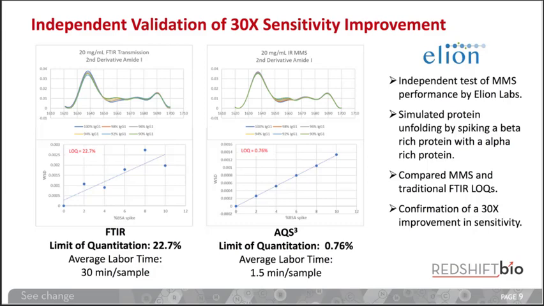So, in fact, this matches up very, very well with our expectation that we'd get about 30 times improvement in sensitivity. What they also noted was that there were significant labor savings. The average labor time for each sample measured under conventional methods was 30 minutes per sample. And with MMS, it was about 1.5 minutes per sample.